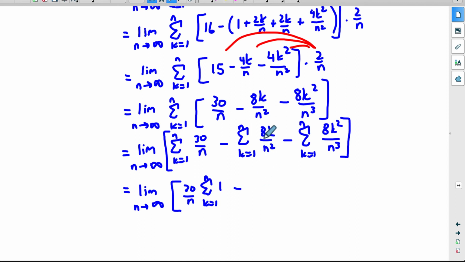Minus, let's do the same thing. You can move the 8 and you can move the n squared. And so then what's going to be left, oh, this is so messy, is just k. And same here, you can move the 8, the n cubed, and what will be left is k squared.